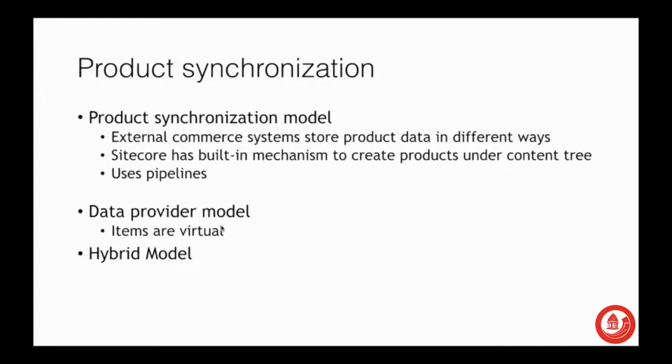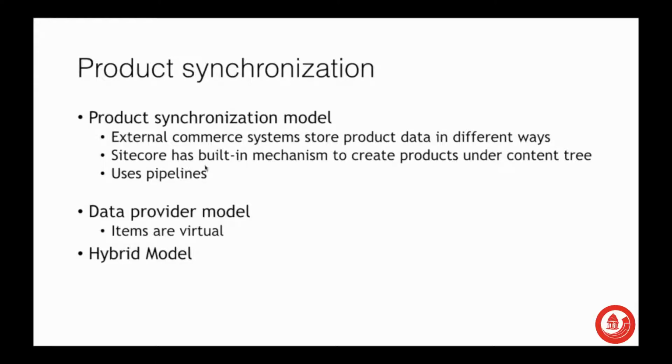In the product synchronization you also have the data provider model, where the items are virtual. In the product synchronization model, all the products in the external commerce system are pulled and created as items in Sitecore.